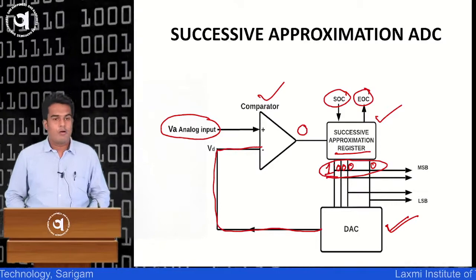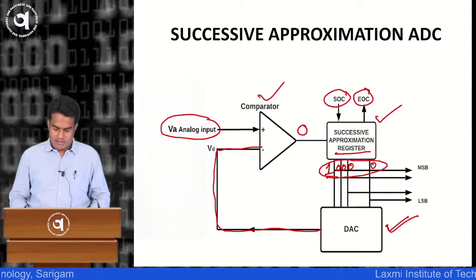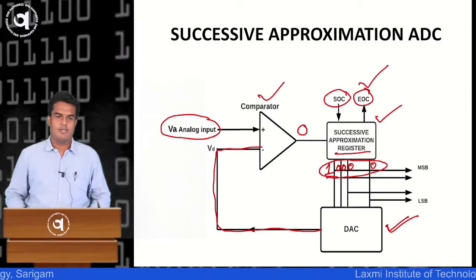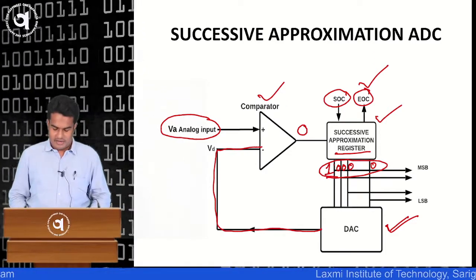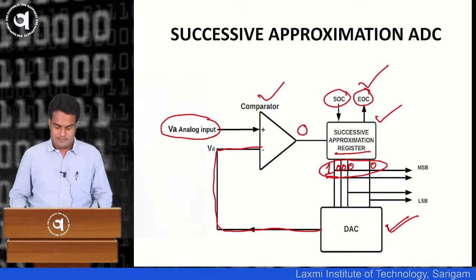Once the comparator output equals 0, an end of conversion signal will be generated, and the comparison process will stop.